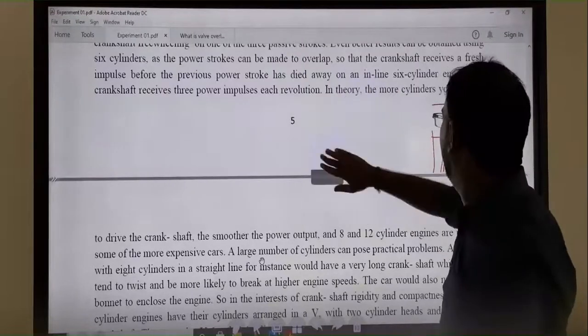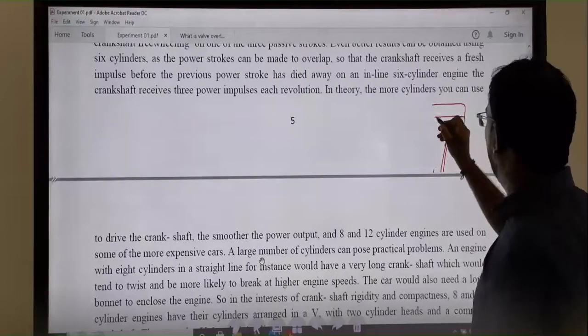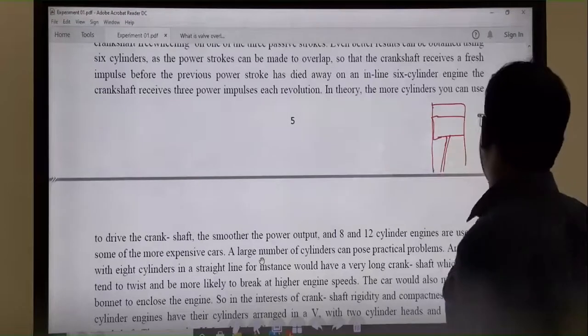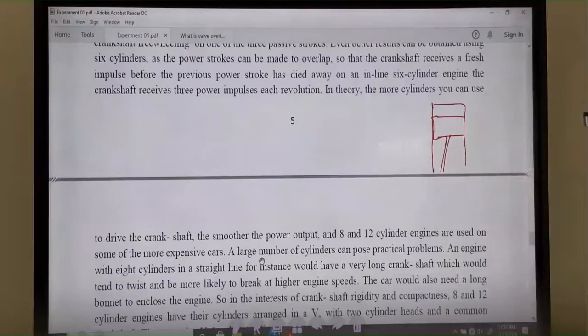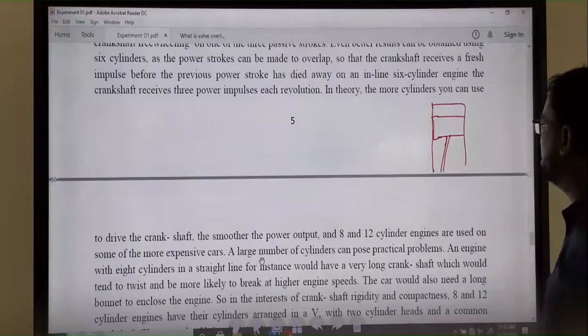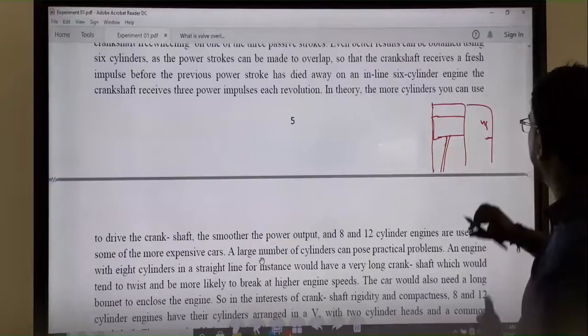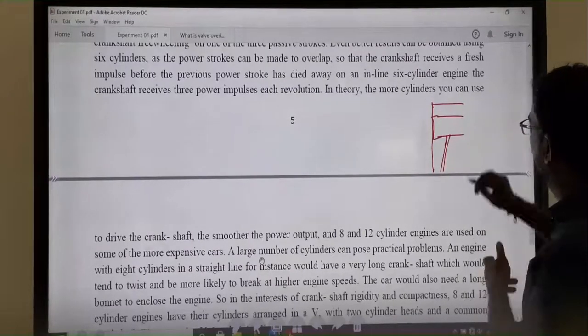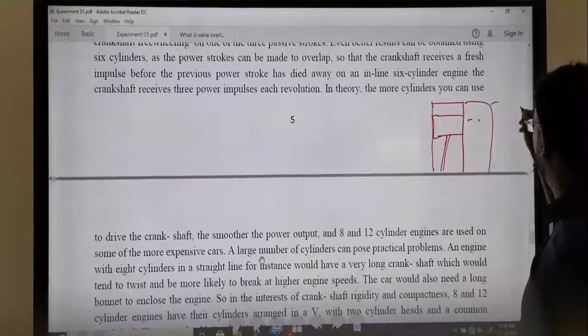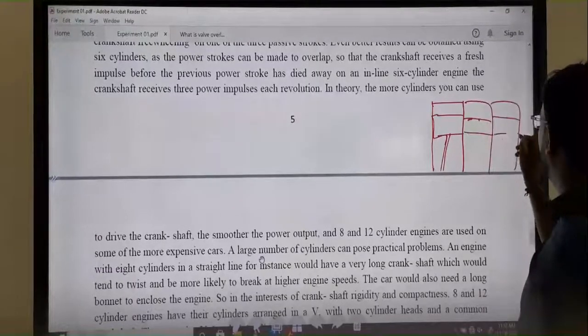So because of that, vehicle manufacturers use multi-cylinder engines, for example, four-stroke. So there is a 4-cylinder like this. 4 pistons, 4 cylinders.